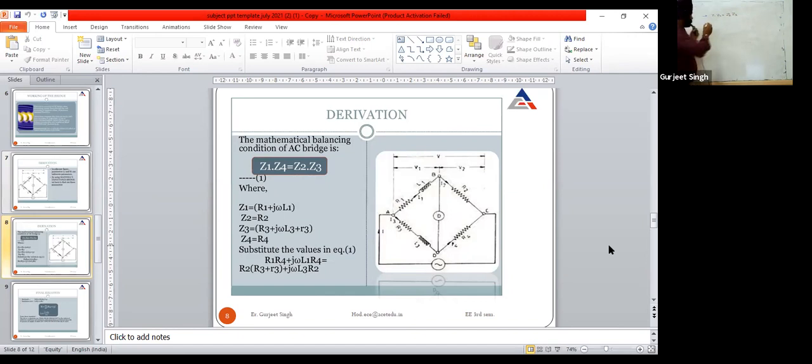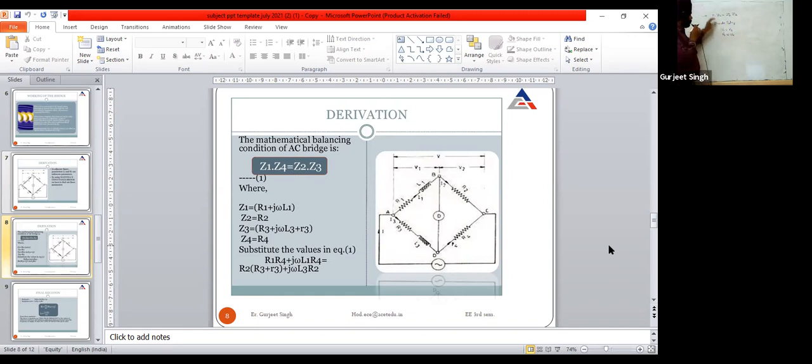The second is the divide policy, where we divide the voltages: we have V1 equal to V2 and V3 equal to V4, then we divide these two equations and find the value of the unknown inductance, resistance, or capacitance.